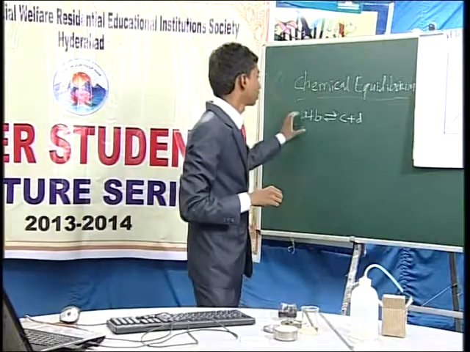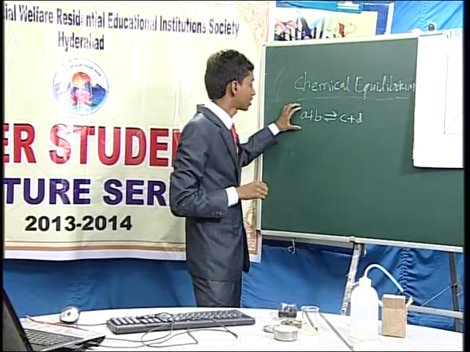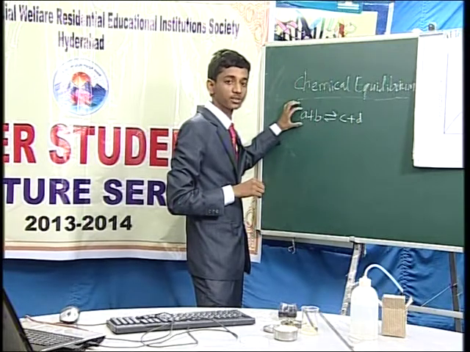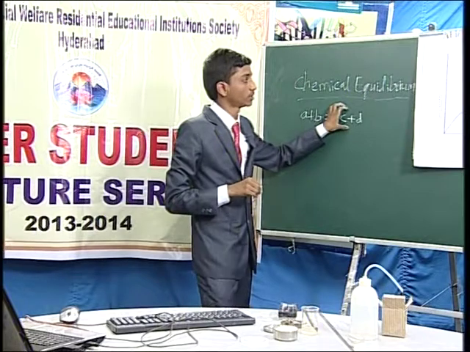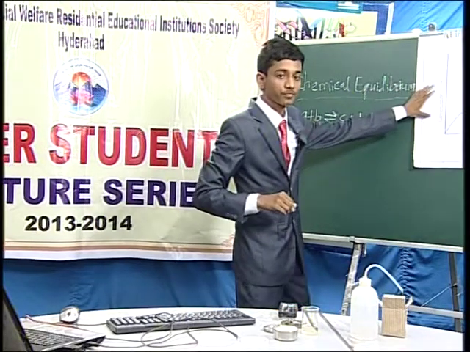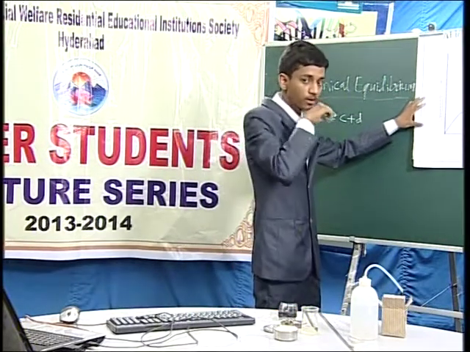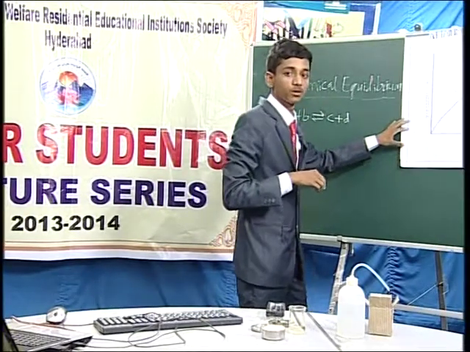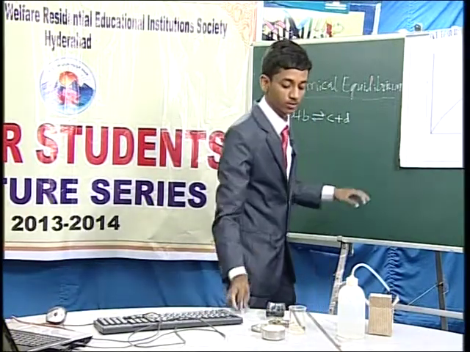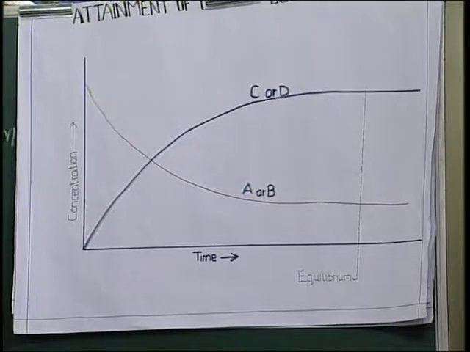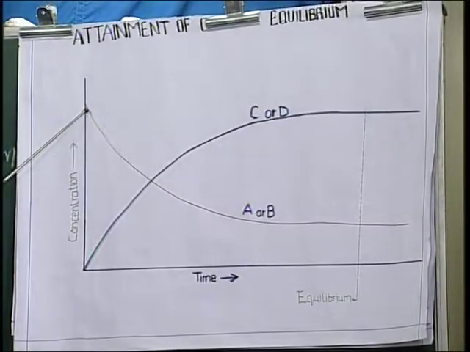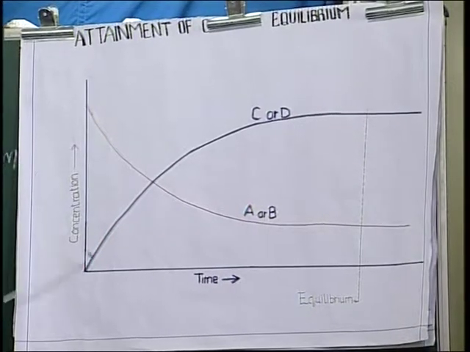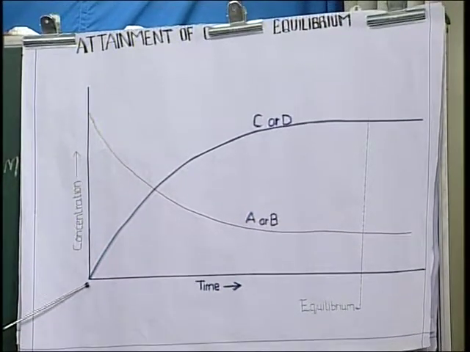At the initial stage, the concentration of the reactants is 100% and the concentration of the products is 0%. This can be shown by a graph.